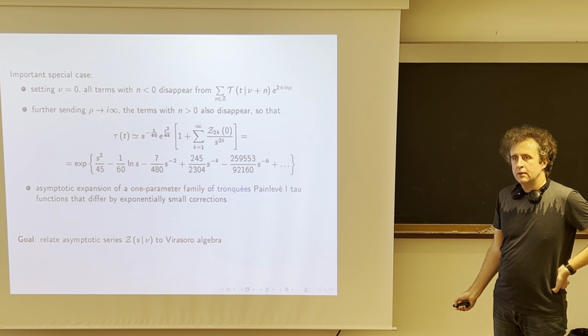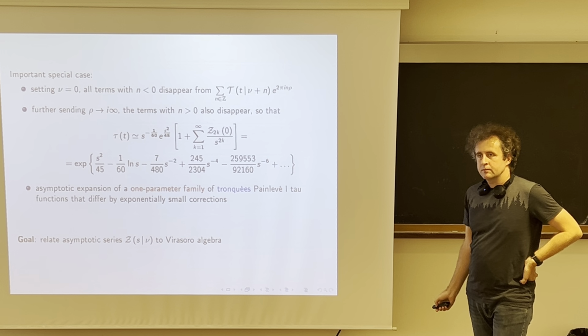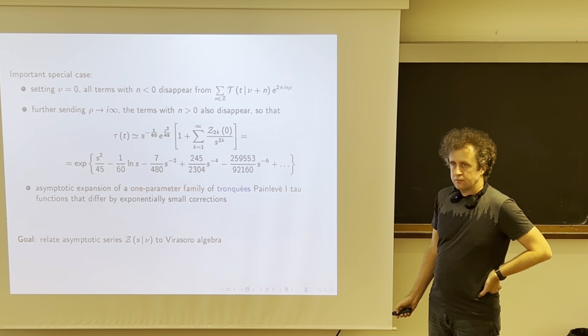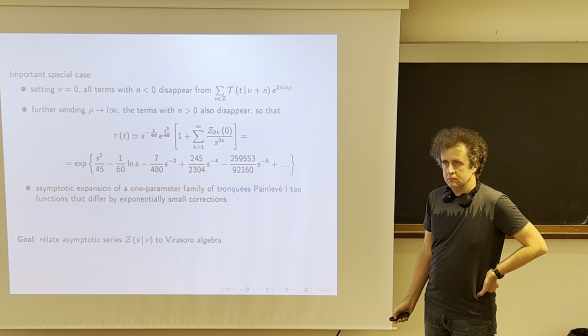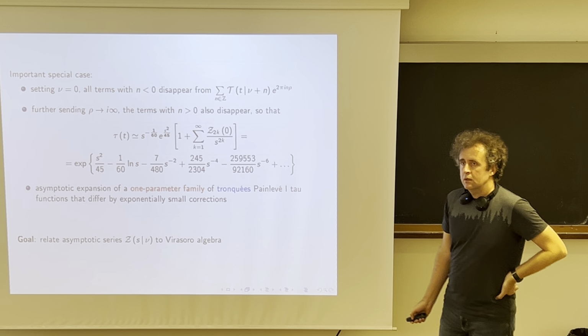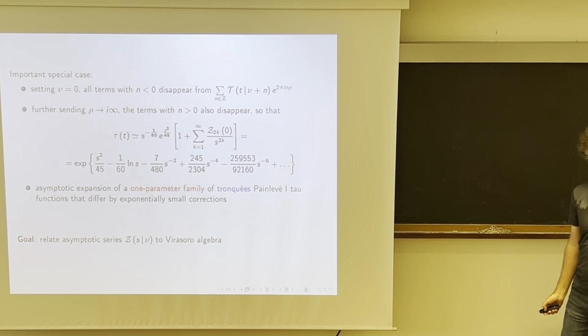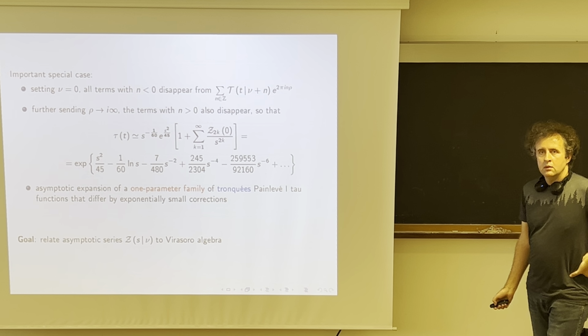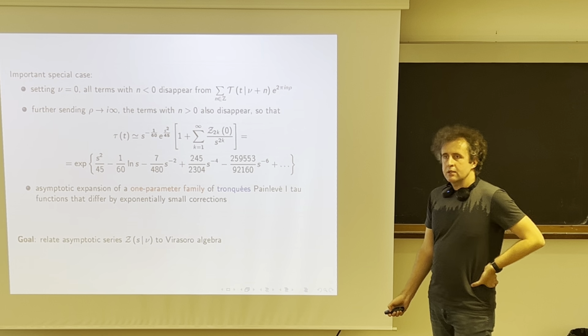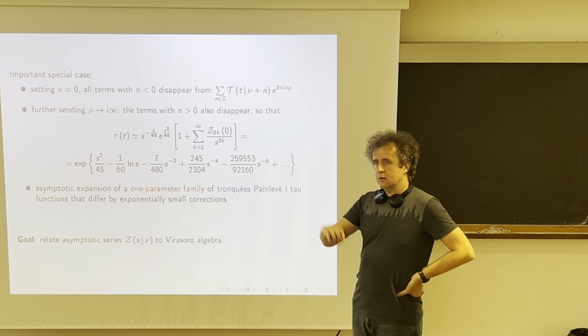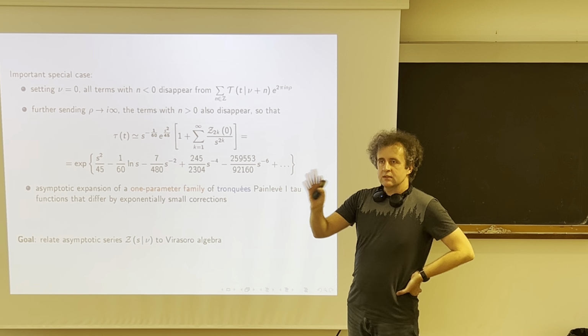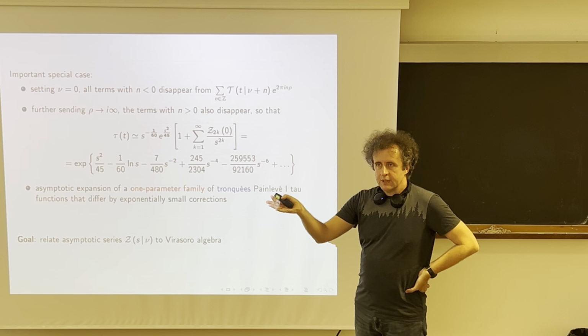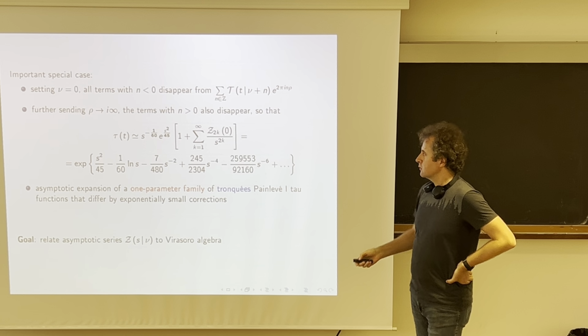Is there this phenomenon that if you tune a parameter, then you get only a sum over non-negative integers? Is it observed also in other cases? Yes. All kinds of special solutions that you know, either the special function solutions, Riccati solutions, or Fredholm determinant solutions.